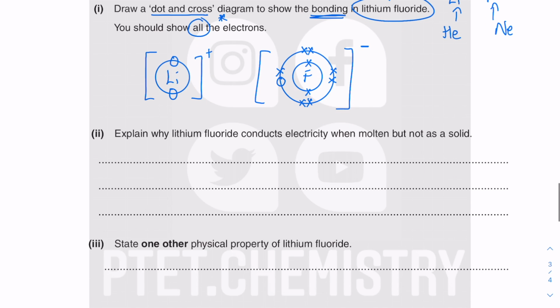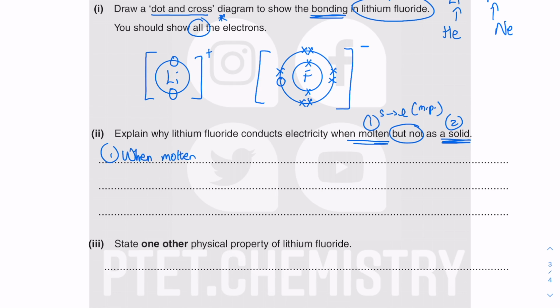Okay, explain why lithium fluoride conducts electricity when molten but not as a solid. There are 2 things to say about what happens when it's molten and what happens when it's a solid. So be careful to explain fully. When molten means solid turns to liquid, that is at melting point.